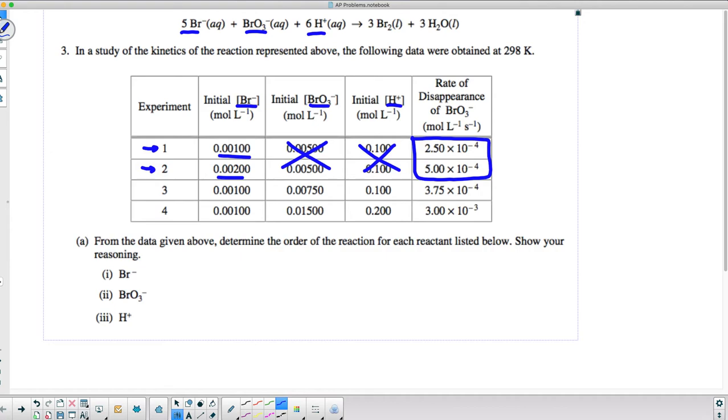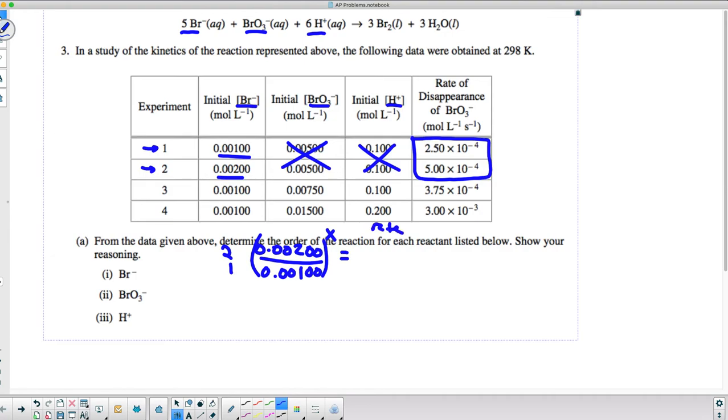So it looks like this. I put experiment 2 over experiment 1, so that I get a whole number. So I got experiment 2 over experiment 1, this is for bromide. All of that is to some exponent, I call x, and then that equals the rate.